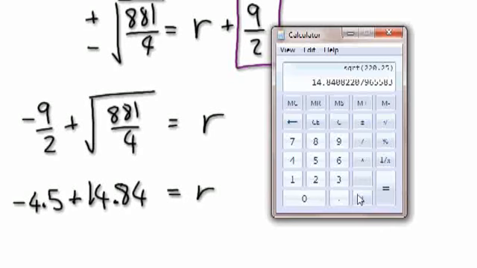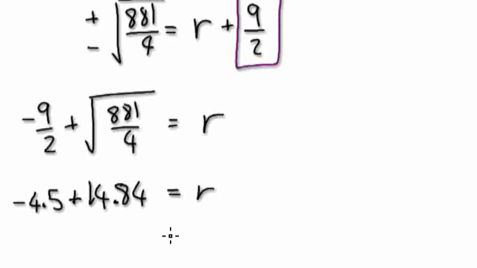Let me put it in memory. So it will be negative 4.5. Now I've got to add it to my memory. So the radius must be 10.34.